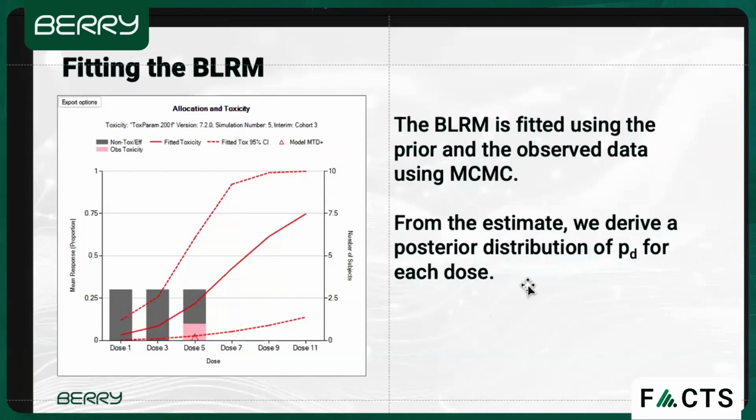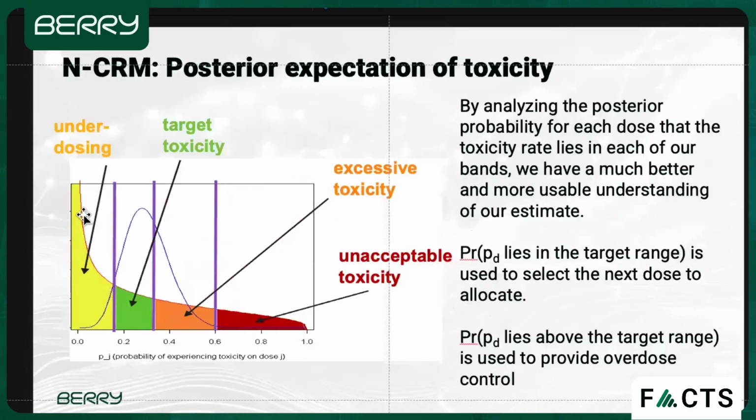And then from that fit, we derive the posterior distribution of toxicity rate at each dose, and divide that distribution up into 4 zones: the below toxicity interval, the within toxicity interval, and then the above toxicity interval, which we separate into both excessive and unacceptable toxicity.